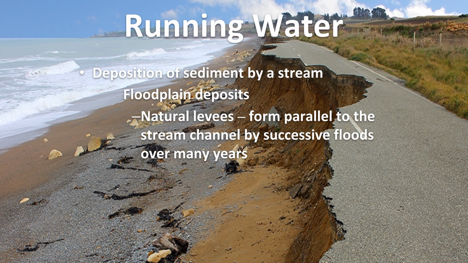So as that river is carrying that sediment, and we said it floods over, obviously it's carrying so much material and it overflows its bank, what it's going to do is right at the edges of the river, it's going to tend to form these large parallel piles or hills of material over years. As it floods every single year at roughly the same time, it's going to drop off these piles of material.